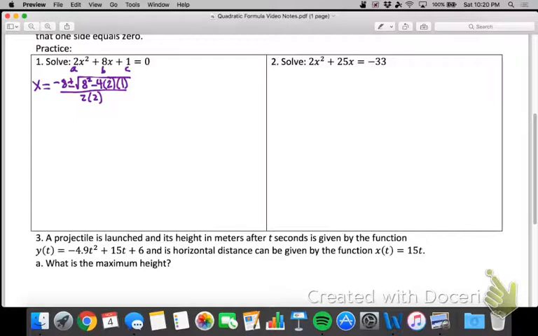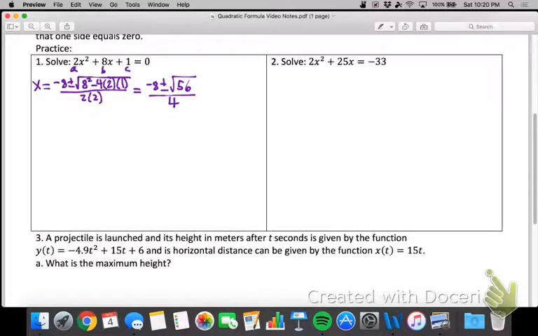If we do some simplifying inside the radical, 8 squared is 64, and 64 minus that product is 56. So it's the square root of 56 all over 4. At this point, we do want answers in simplest radical form.